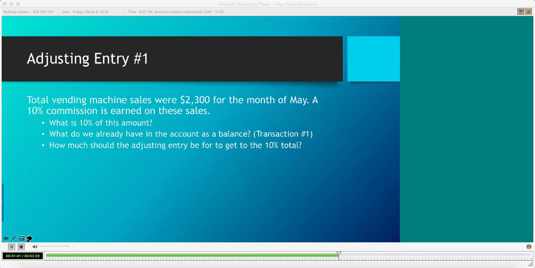Okay, here is where we get back to our vending commission revenue transaction, the first transaction that you have to do for the month of May. So the total sales were $2,300. 10% is earned on these sales. So what is 10% of $2,300?